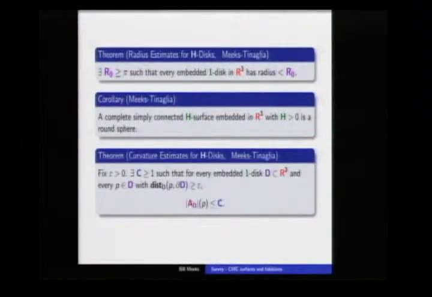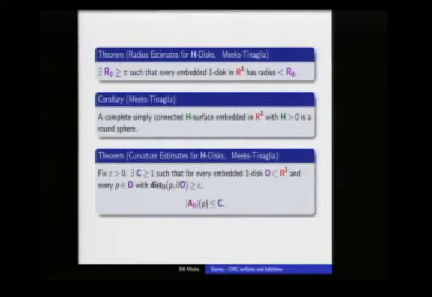Eventually, these disks have to have big radius. Think of it as an exhaustion: any compact set is eventually contained in one of those disks. So the existence of a plane would contradict the radius estimate. There's nothing very hard there.